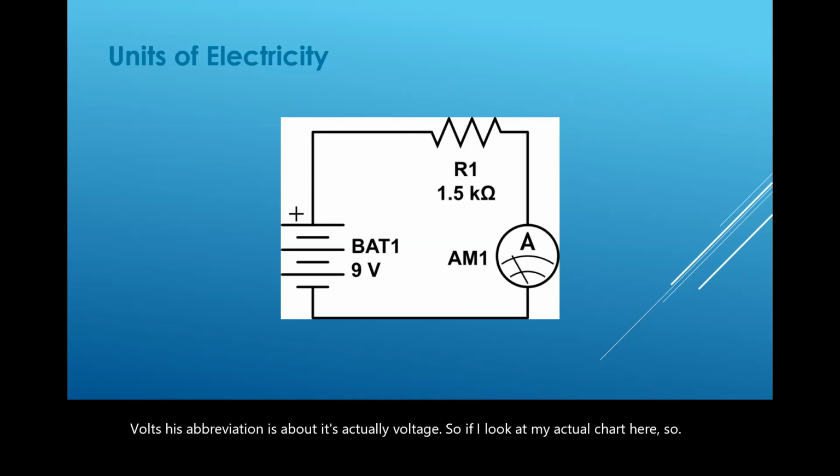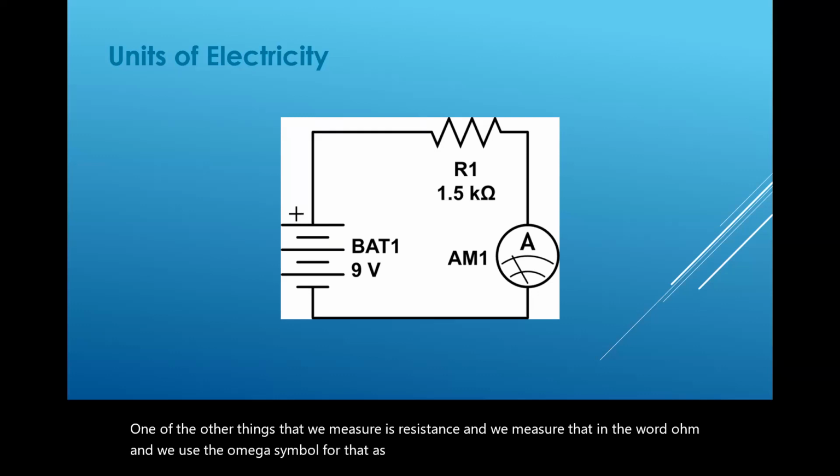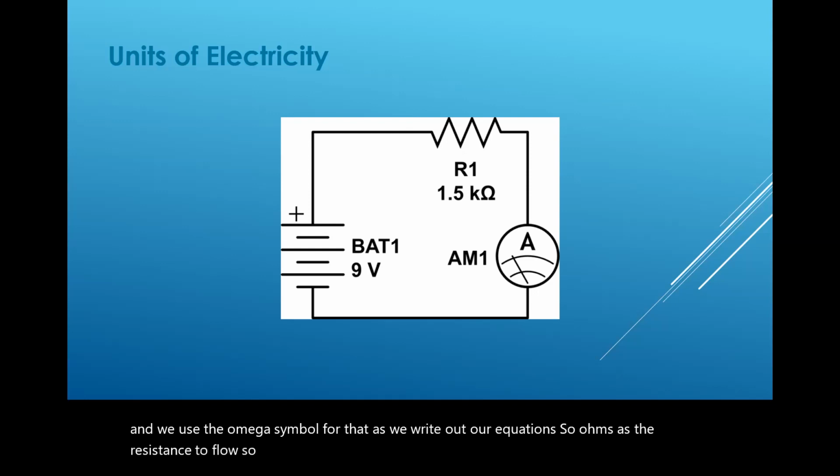One of the other things that we measure is resistance, and we measure that in ohms, and we use the omega symbol for that as we write out our equations. So ohms is the resistance to flow. If you have a resistor in place, like what I have up here, this is a resistor, and this resistor resists flow.